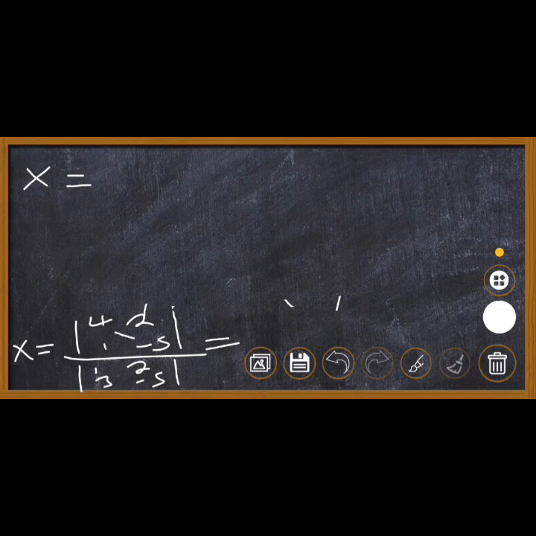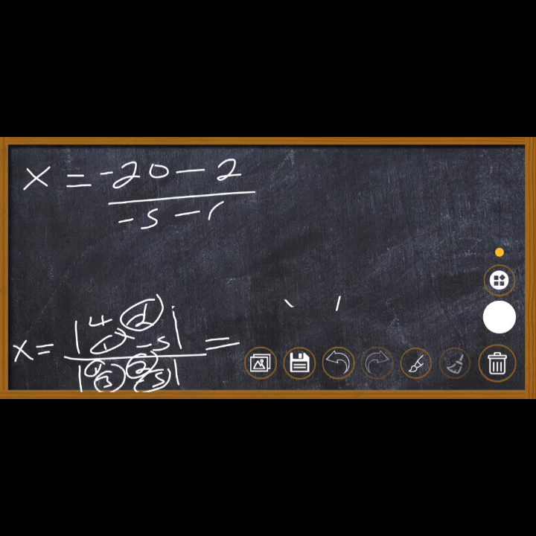So 4 multiplied by negative 5, we're going to have negative 20, and then we subtract 2 multiplied by 1, it's simply 2 here, over. Then down there, we're going to multiply 1 with negative 5. Of course, it's simply negative 5. Then we subtract 2 multiplied by 3. We're going to have 6.